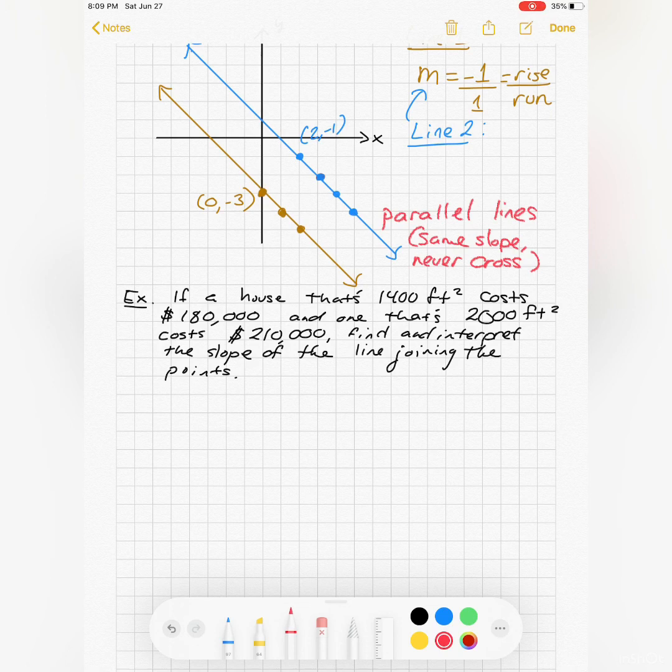Here's a little application problem. If a house that's 1,400 square feet costs $180,000, one that's 2,000 square feet costs $210,000. Find and interpret the slope of the line joining the points.